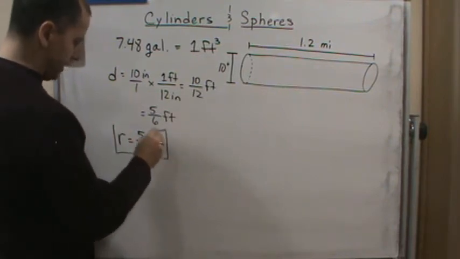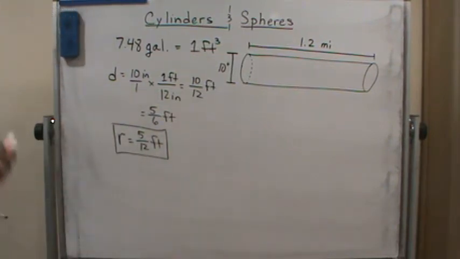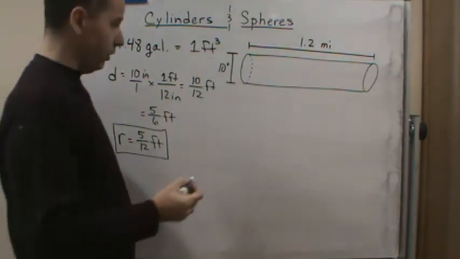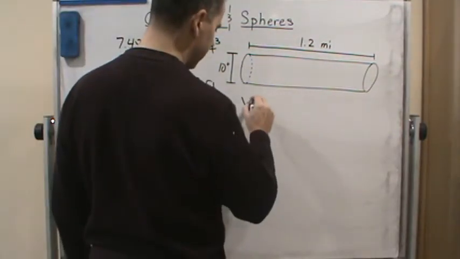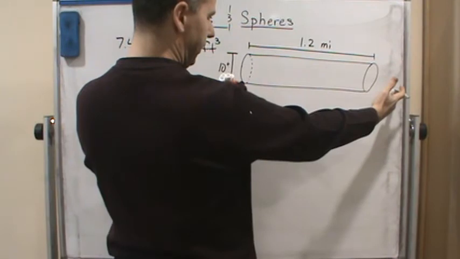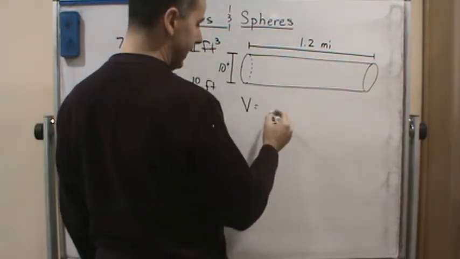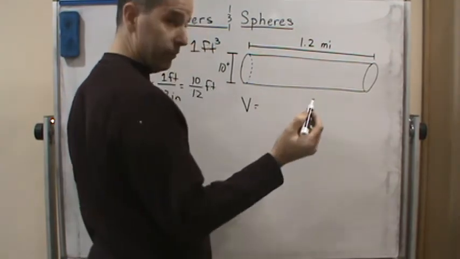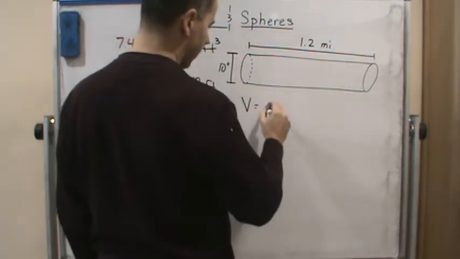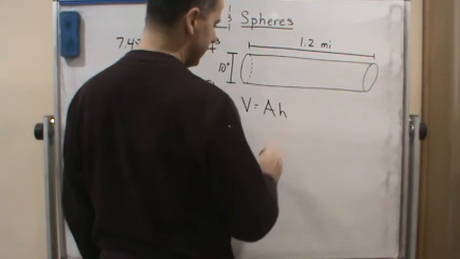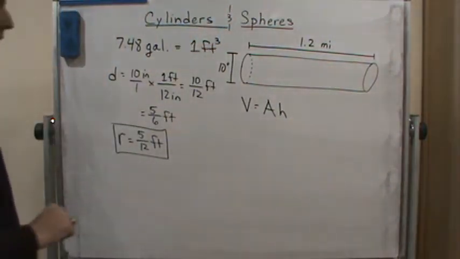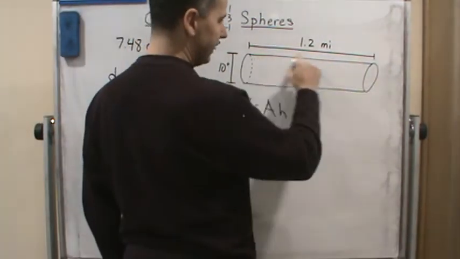So that's one piece, right? So there's R, because we want volume. So the volume of a cylinder, because this is a cylinder. What's the volume of a cylinder? It's the area of the base times height, which in this case, height is the length of the pipe.